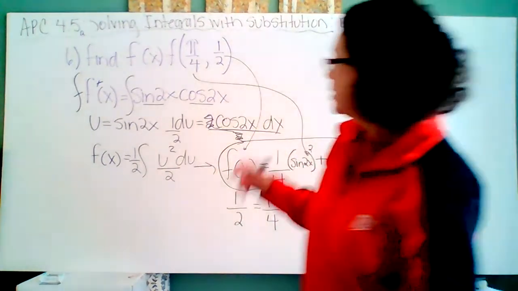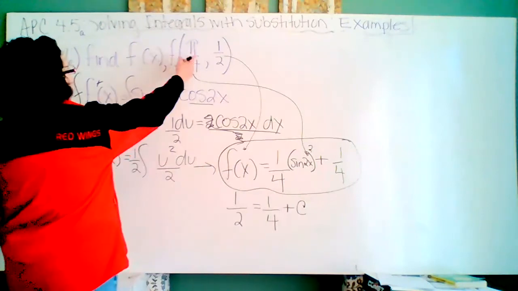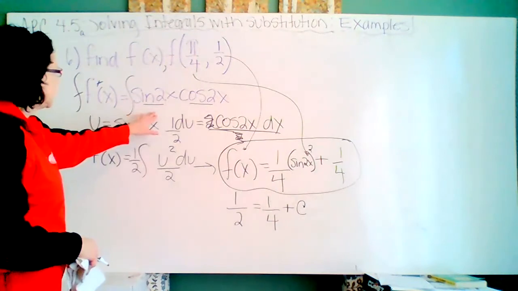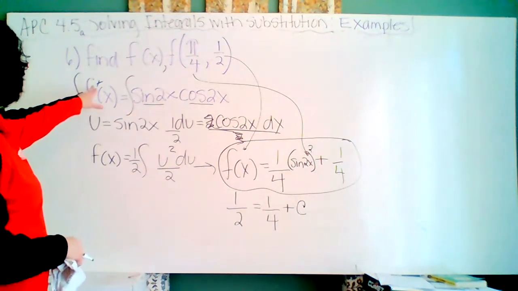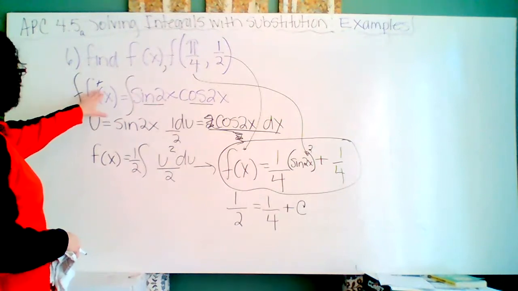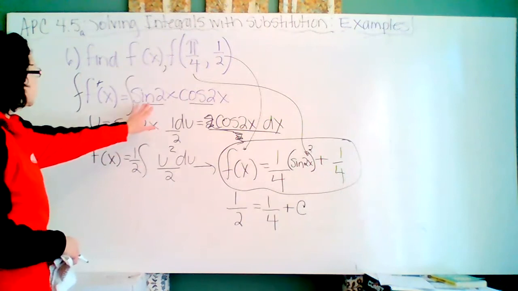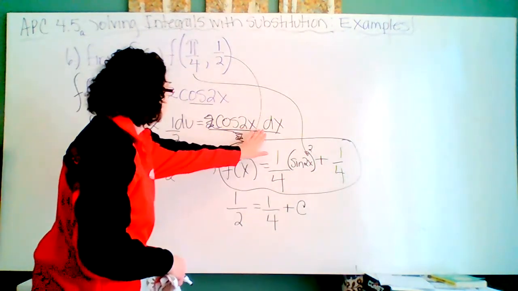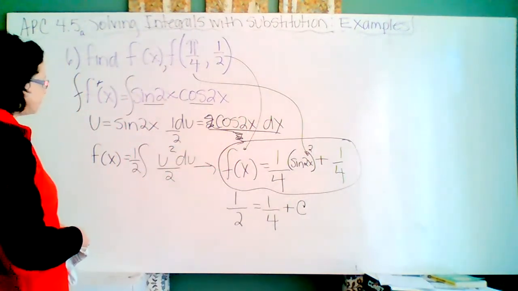Okay, again, let's recap. They wanted me to find the function, and they gave me a starting point. They gave me that the derivative of f was sine of 2x cosine of 2x, so I knew I had to integrate to remove this derivative. I did that on the left, and I got f of x. I did a u substitution here. My du, I had to clean up a little bit so I had an exact replacement, right?